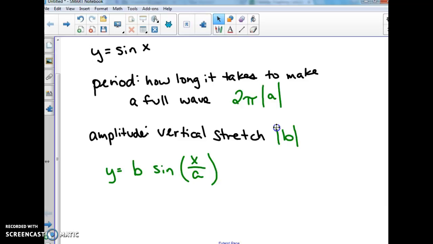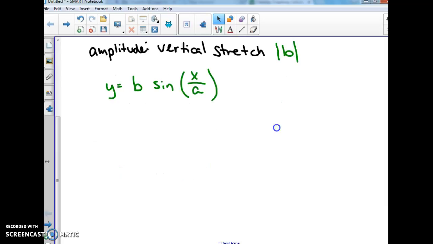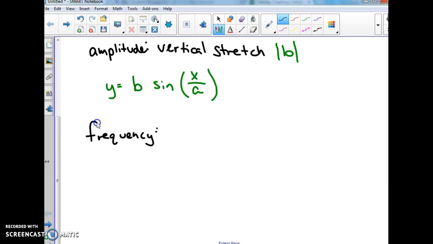The other thing that we need to talk about is the word frequency. I'm sorry, this lesson's just a lot of vocab. Frequency is the number of cycles in a period.